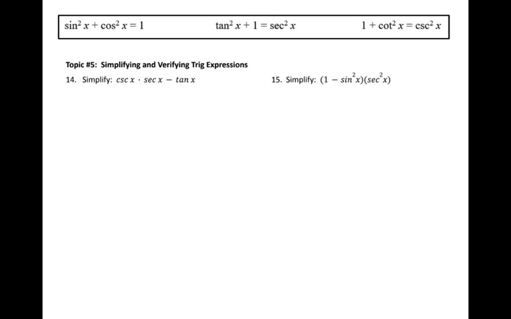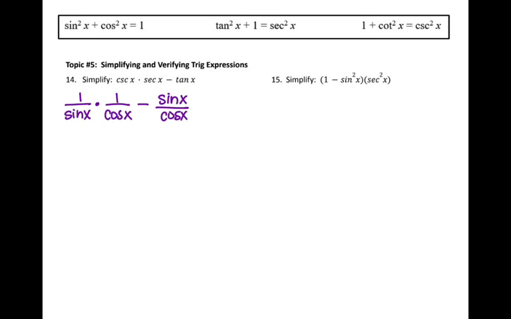So cosecant is 1 over sine times secant, which is 1 over cosine, minus tangent, which is sine over cosine. Now, here is what you cannot do. You cannot cancel out these sines because these two fractions are being subtracted from each other, so you cannot cancel them out. Instead, you need a common denominator.